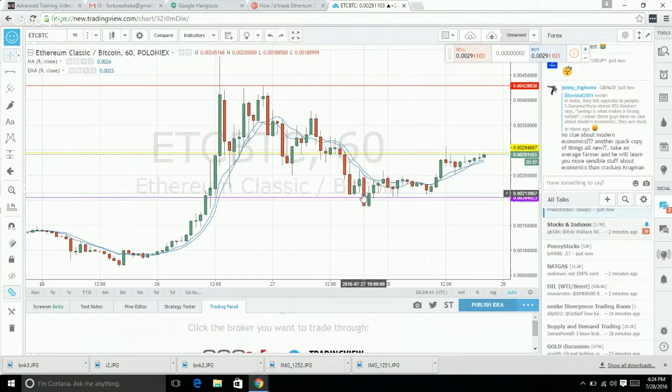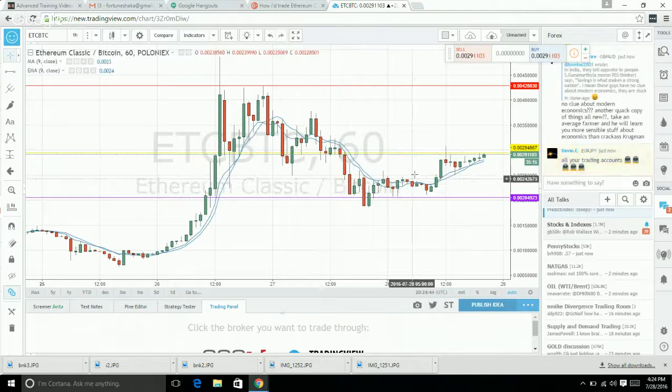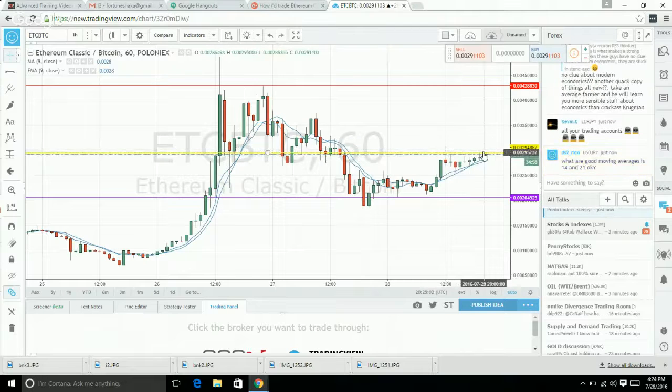But like I said, right now I'm going to take this between this purple line and this yellow line. As you can see, it bounced over here. These doji is bouncing. Right now, I'm going to take this as the market is trying to figure out how strong this resistance level is.